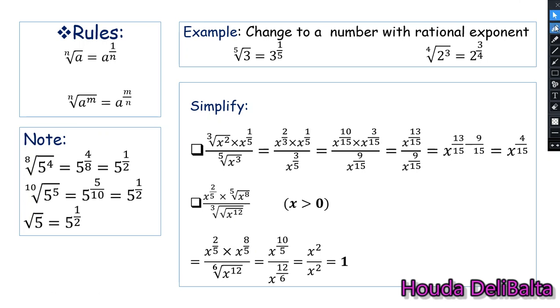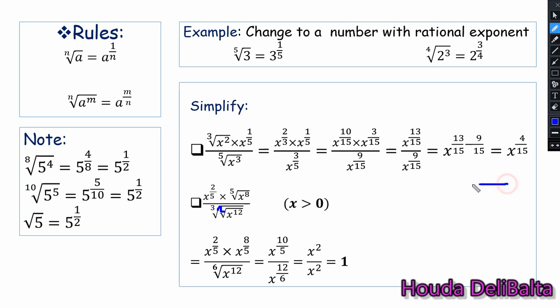Let's see. Here, I can multiply the indices together. So I can put one radical sign like this one, and I can multiply the indices. Here I have 2 because it's a square root, and here I have 3 because it's a cubic root. Then I will get a 6th root.